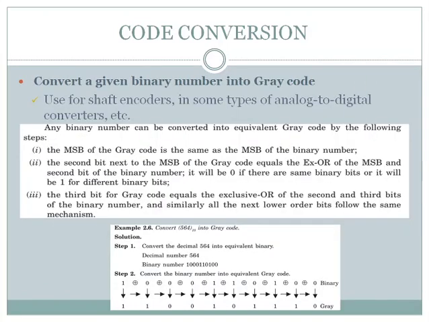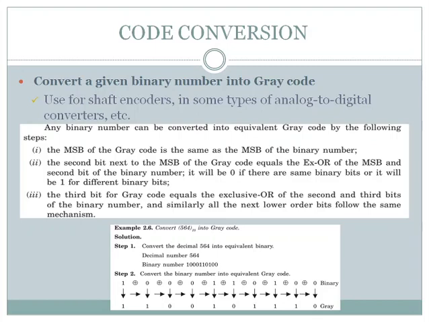Next we have seen what gray code is and how to obtain a gray code for a given binary number. We start obtaining the gray code from the MSB bit, and the MSB bit of the gray code is the same as the MSB bit of the binary.